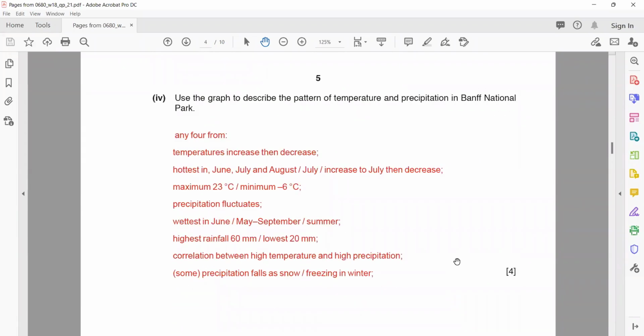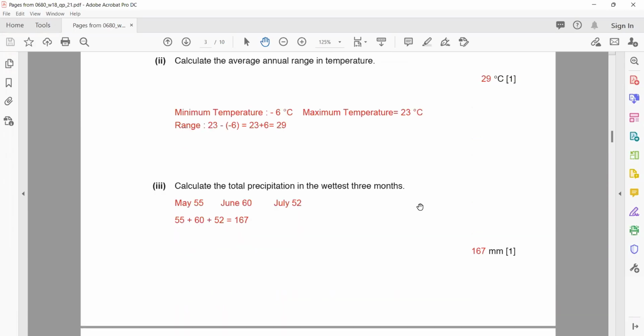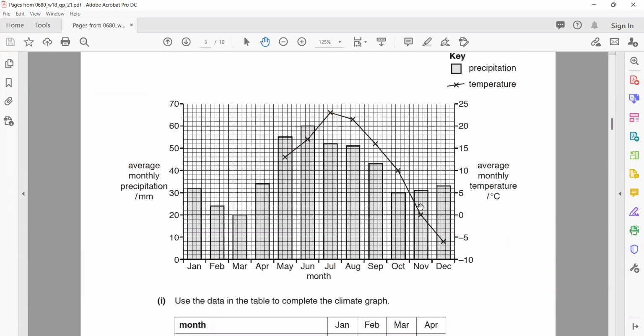Okay. Now they use the graph to describe the pattern of temperature and precipitation in Banff National Park. They are asking how the temperature is changing in this park. It is very simple to describe. You can describe the temperature first. When do you have the coldest weather, when the temperature is really low?